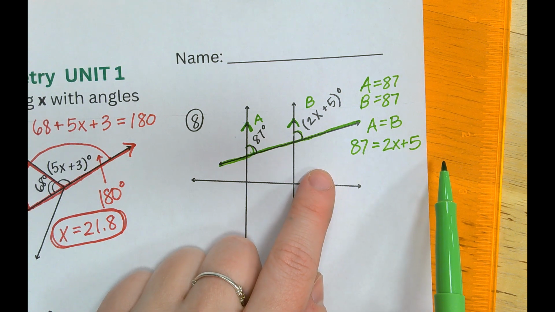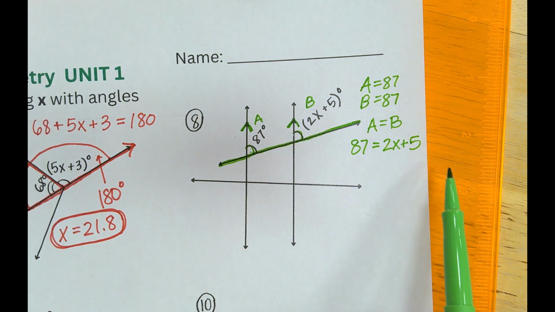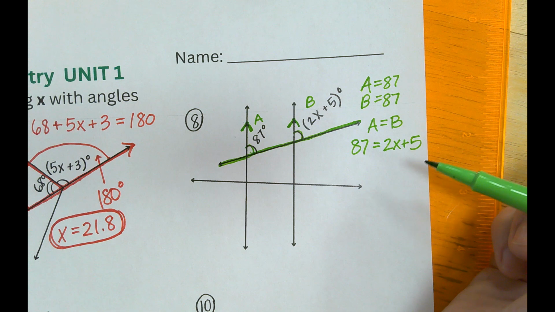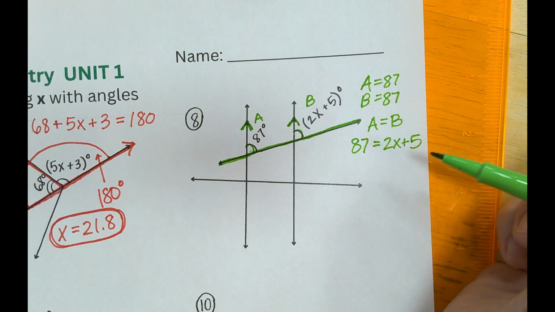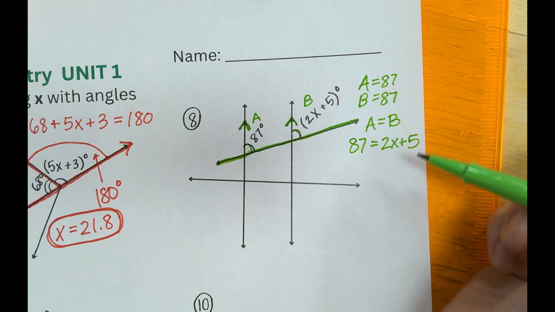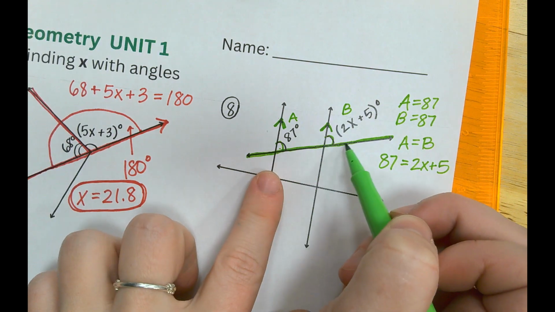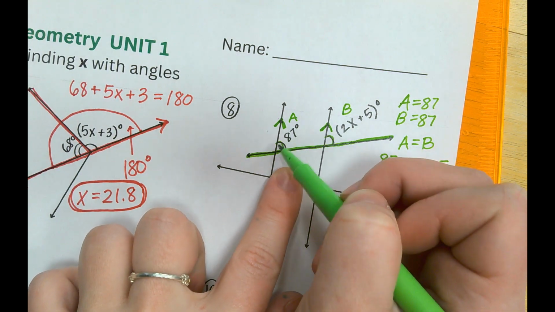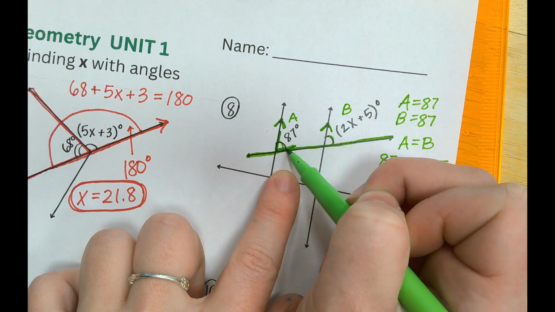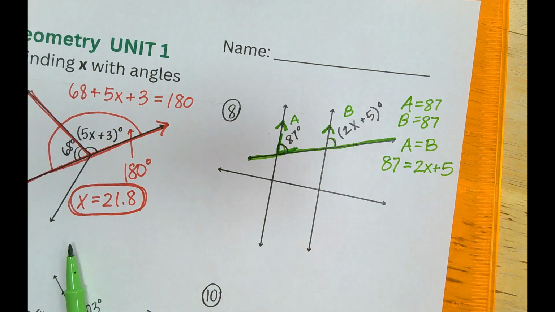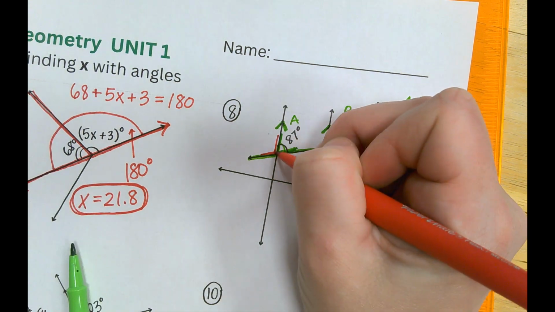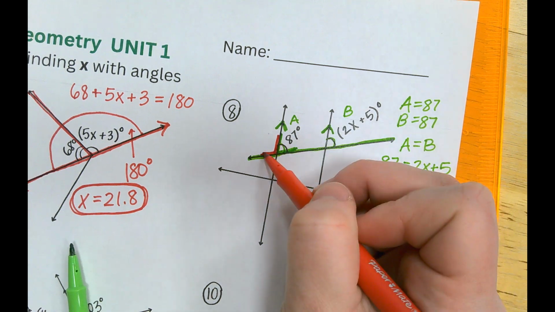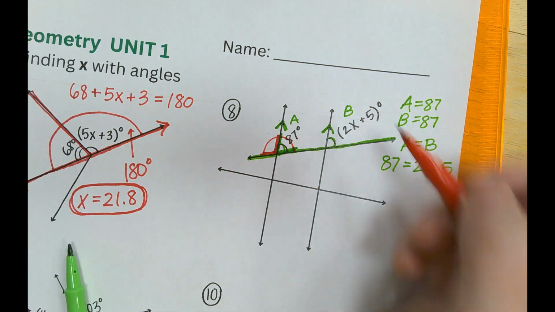Yes, tell me. Okay, so I'm confused. At the end of mine, that's not a 180 angle, is it? Say it one more time. That's not a 180 angle, is it? So this angle, the 87 degrees, and this angle give us 180 degrees.